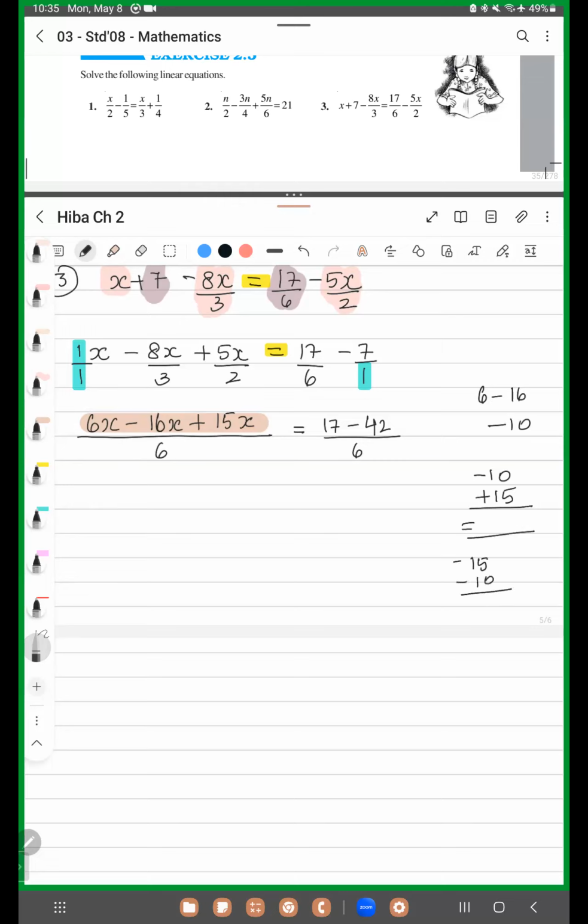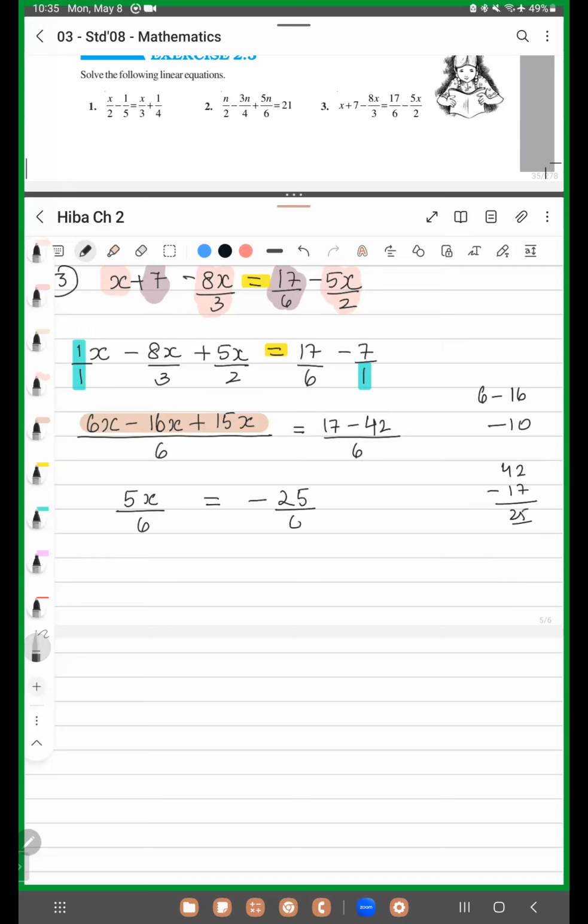It is positive 5. ठीक है. 5x by 6 equals. Now tell me what's the right hand side. Minus 25 by 6. Okay.